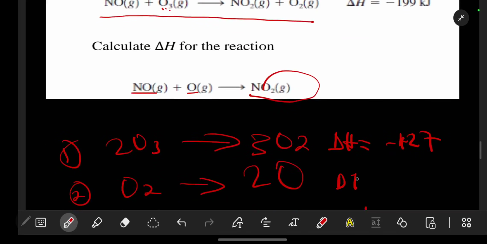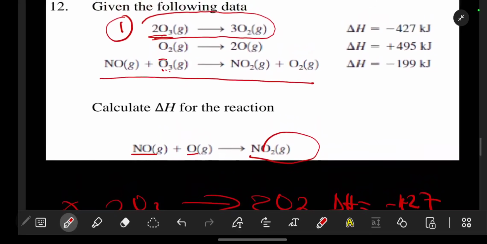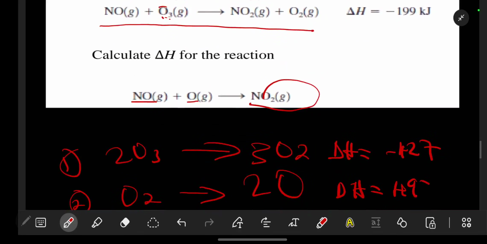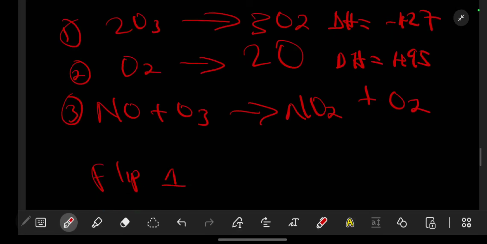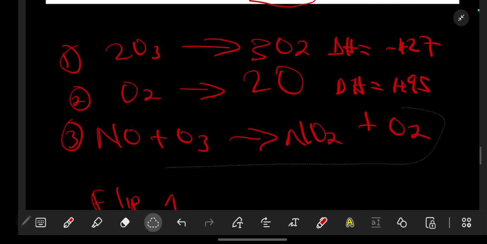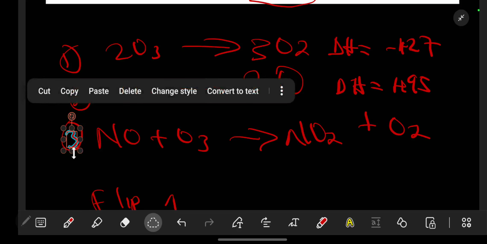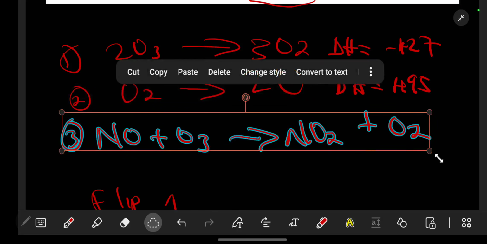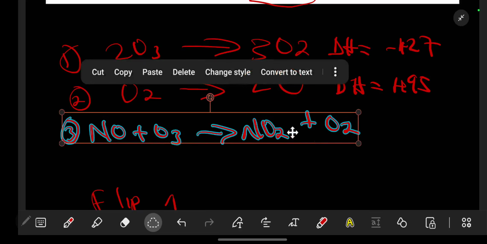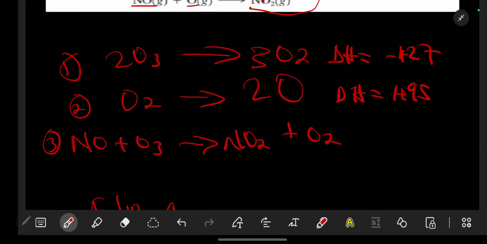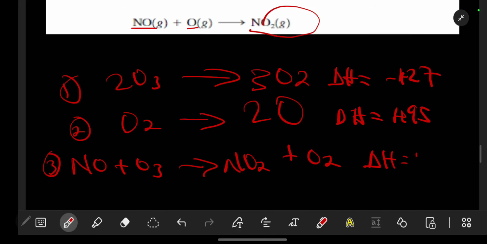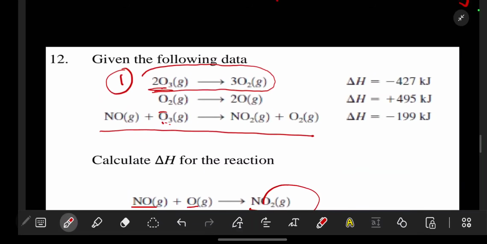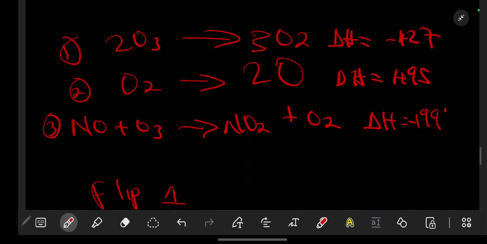For this one, the change in enthalpy is 495, and for the last one, the change in enthalpy is, let's reduce the size, negative 199, if I'm not mistaken, negative 199 kilojoules.